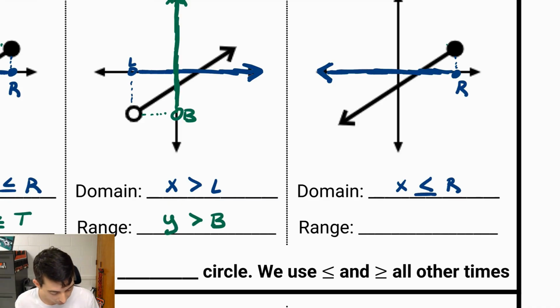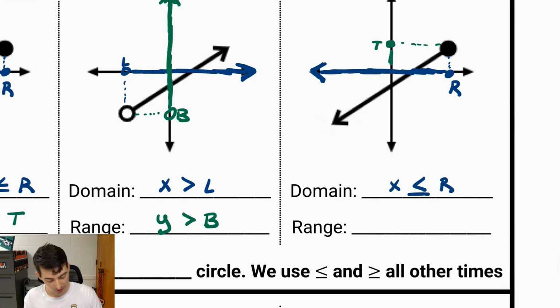My range, I have a highest point this time. So this would be my topmost point. This arrow is going downwards. So I'm going to shade all of these y values going downwards. So my y value and my topmost point. Again, my topmost point is the highest value.